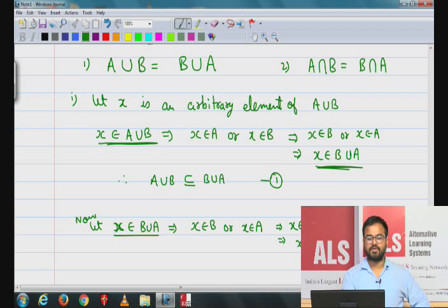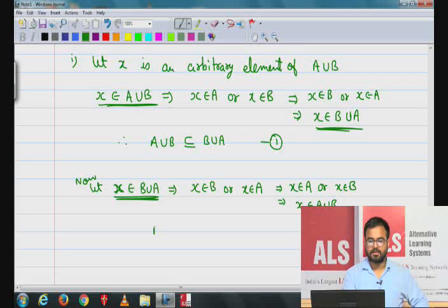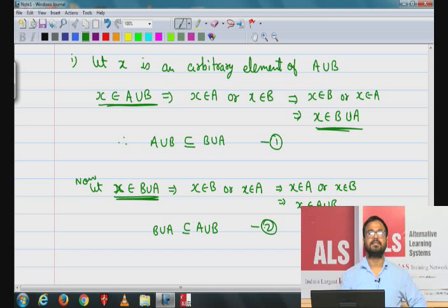So now you can see we started from here and we are ending up here. X was an element of B union A and X was also an element of A union B. It means B union A is a subset of A union B. This is the second point.